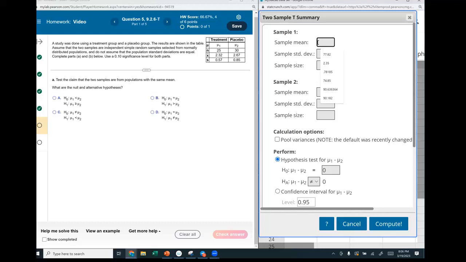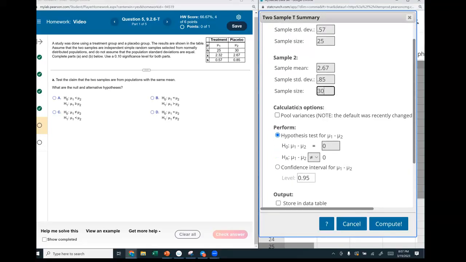So my mean is 2.32. My standard deviation is 0.57, and my sample size is 25. For sample 2, my X bar is 2.67. My standard deviation is 0.85. And my sample size is 30. We are not pooling.